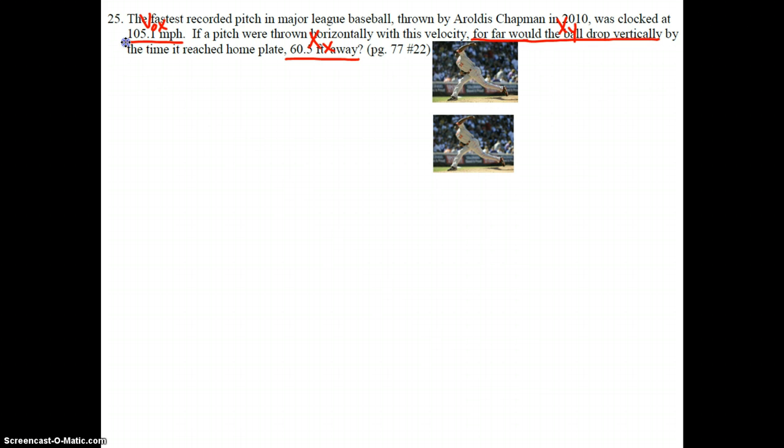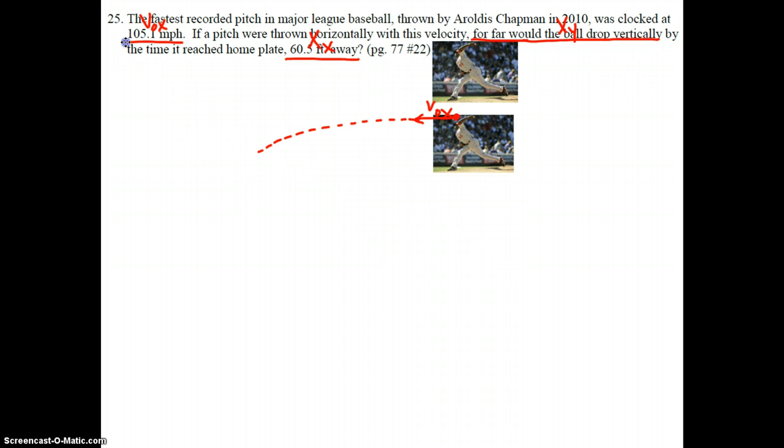Let's take this picture of Aroldis and give ourselves a diagram of what's going on. His arm is cocked back and the ball is still in his hand here. So let's suppose he lets go of it about right there, and this ball has an initial horizontal velocity and is going to start to fall.